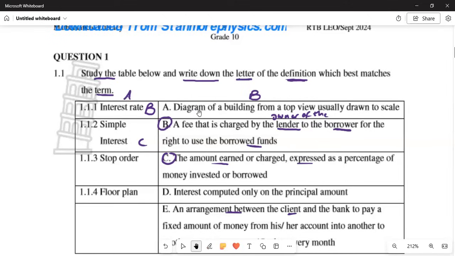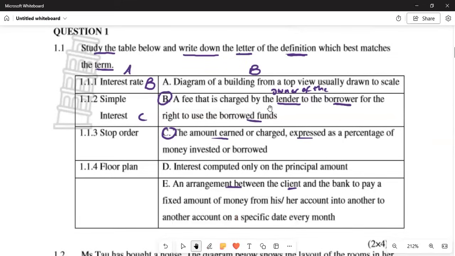You can go to the bank and make an agreement to let your money go to the other account in order to save for a special function or a specific event that you want to do. So the correct answer there is number E.